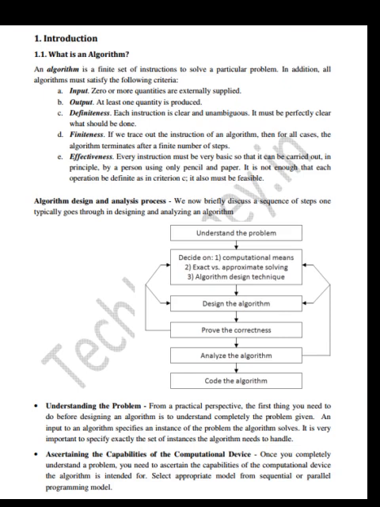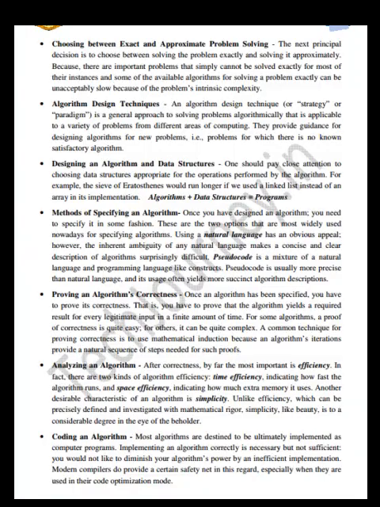Ascertaining the capabilities of the computational device. Once you completely understand a problem, you need to ascertain the capabilities of the computational device the algorithm is intended for. Select the appropriate model from sequential or parallel programming model. Choosing between exact and approximate problem solving.